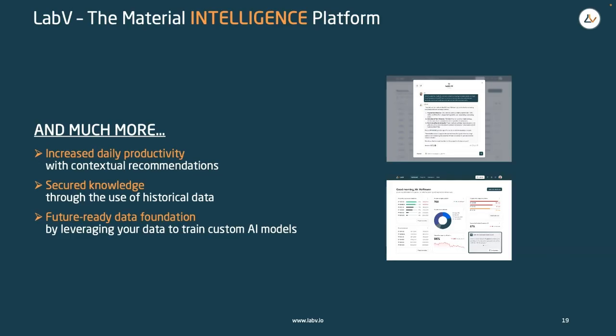It's a really high and quick increase in productivity. You can secure the knowledge using historical data, and you can also use your own data to train AI models in the future. So whoever is interested in that, we are providing basically the foundation for it, and we can help you set up the training and then try to have your own models.